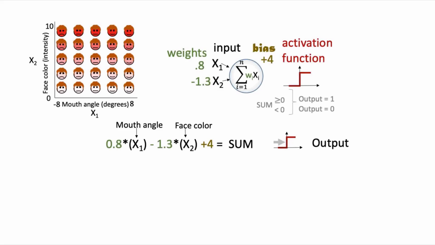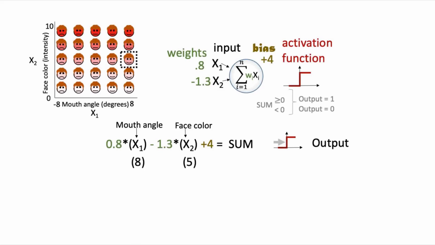Once again, we're going to use the step activation function, which means that if the sum is less than 0, the model is going to output a 0, and if the sum is greater than or equal to 0, the model is going to output a 1. So let's see how the model makes predictions for different values of mouth angle and face intensity.